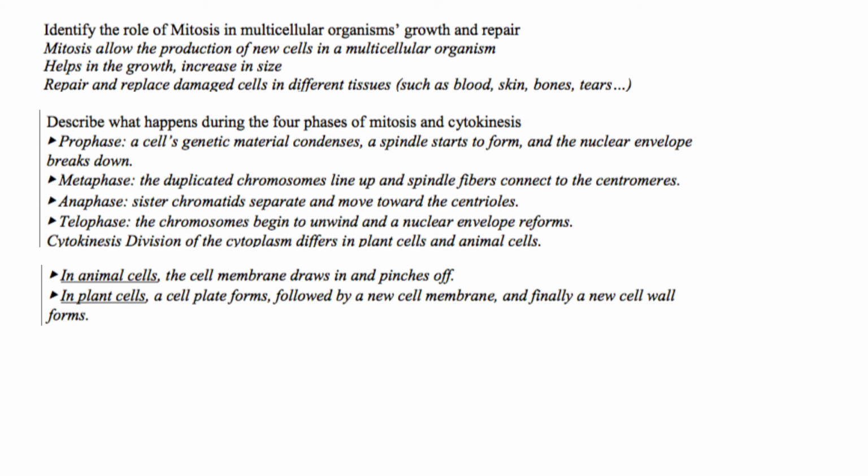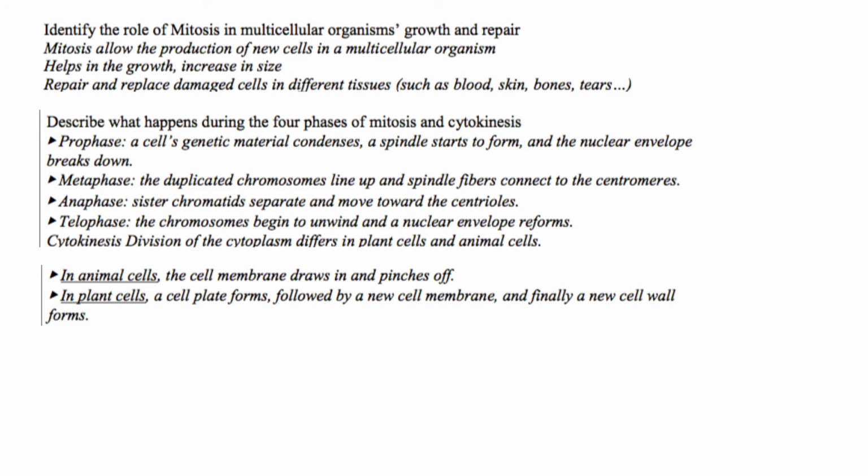After telophase comes the stage of cytokinesis, which is the division of the cytoplasm, and this division of the cytoplasm is different in plant cells from animal cells. So in animal cells, the cell membrane draws in and pinches off. So again underline and make a note of the words pinches off.